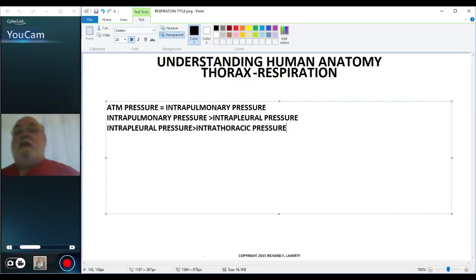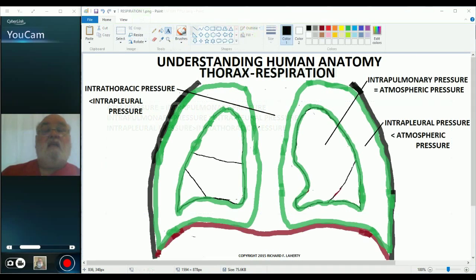Now, what that means is that we have a bit of suction that holds these structures together. Let's go back to the last slide.